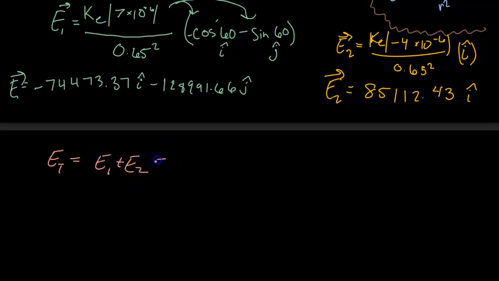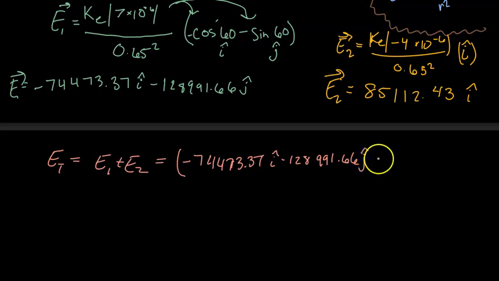And when we write that out, so this is our E1, and then we want to add our E2, which is the 85,112.